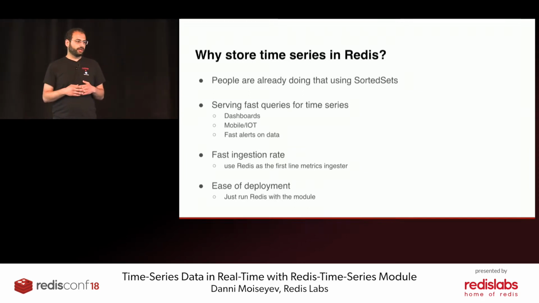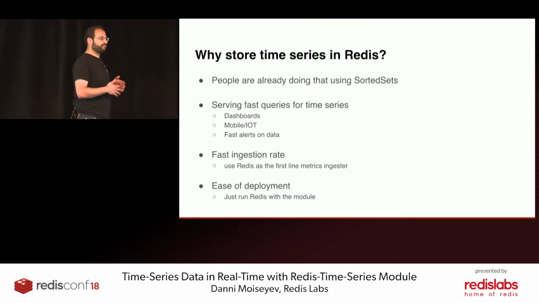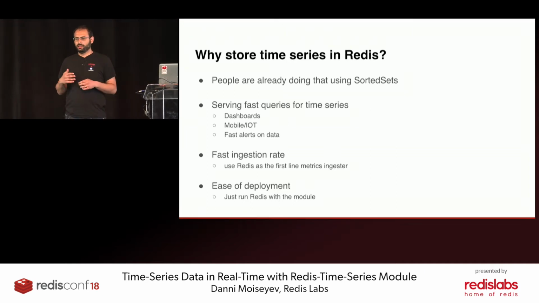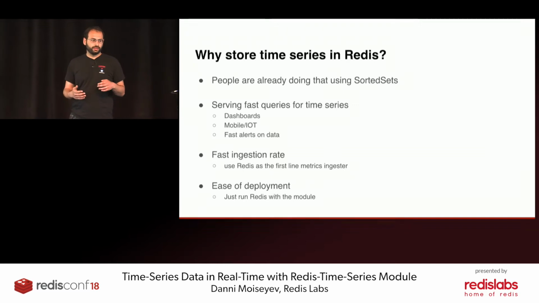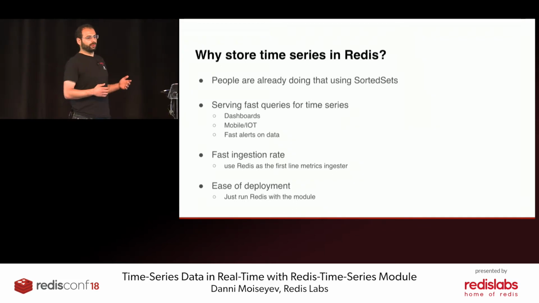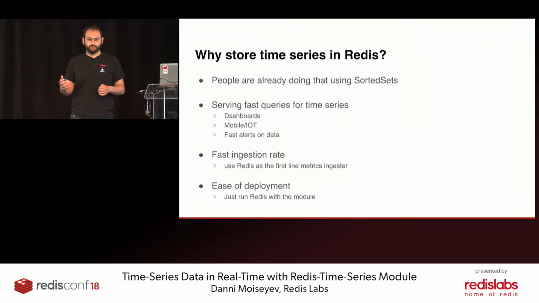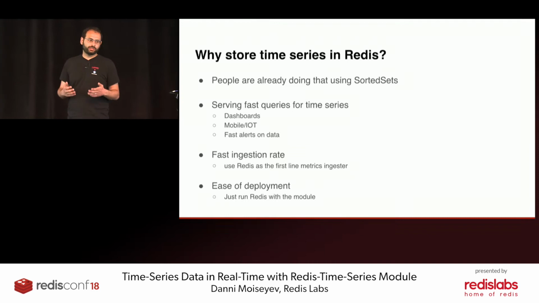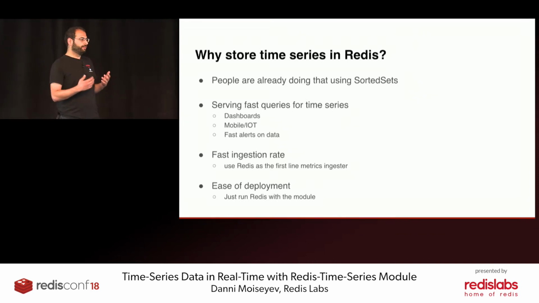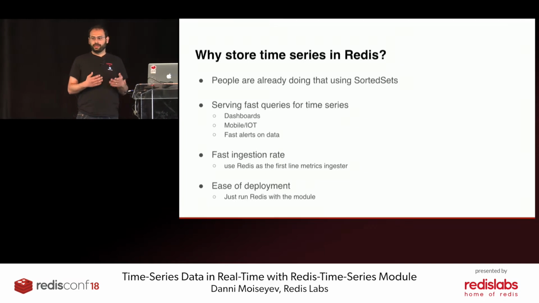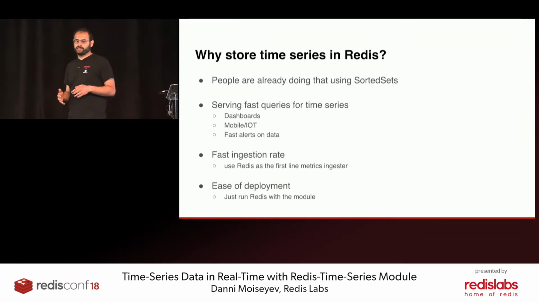Another important thing happening today is that we have more and more data, and it's really hard for traditional databases to ingest that data as fast as it grows. If we go back to the Facebook example, they created the Gorilla paper because they have so much IT data, so many metrics that they want to store and alert on, that they needed to create a whole new solution just for that.